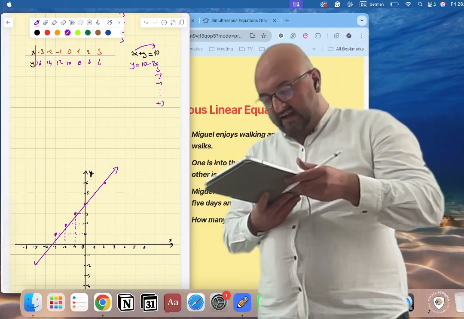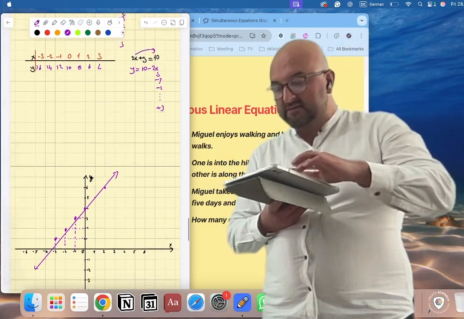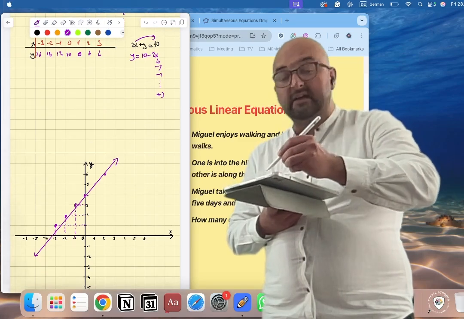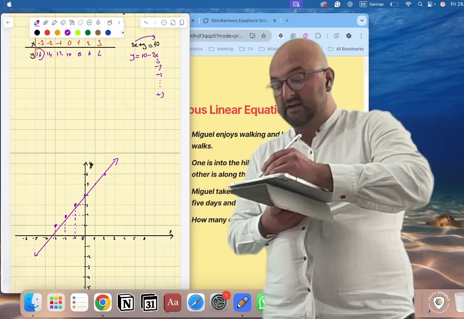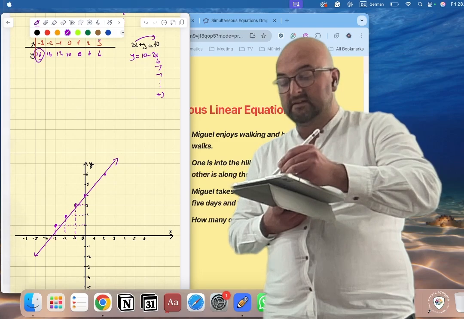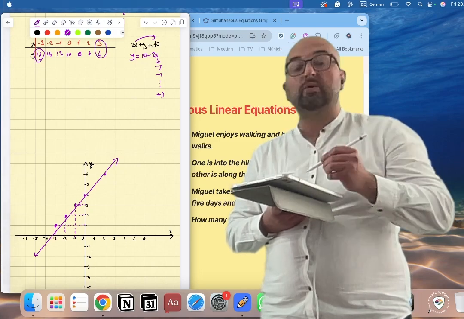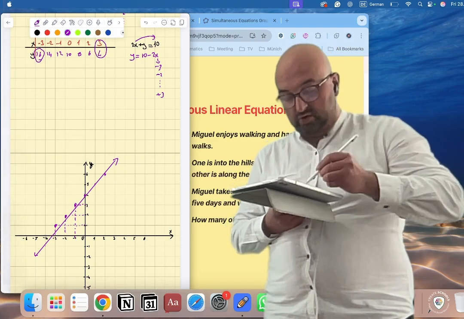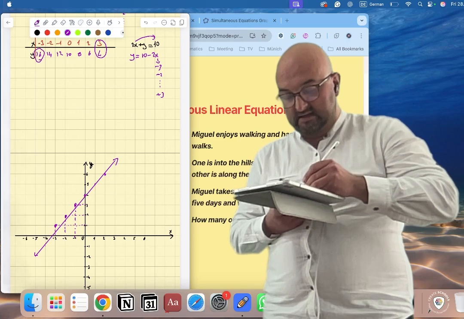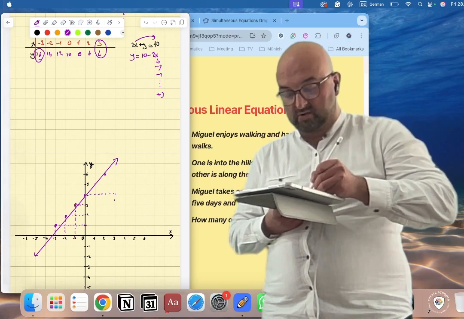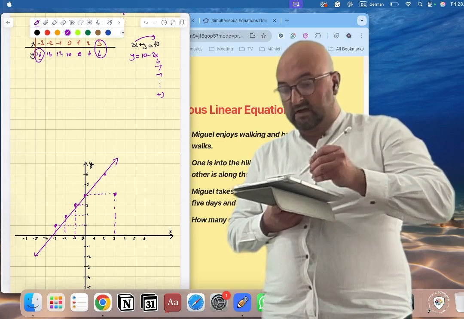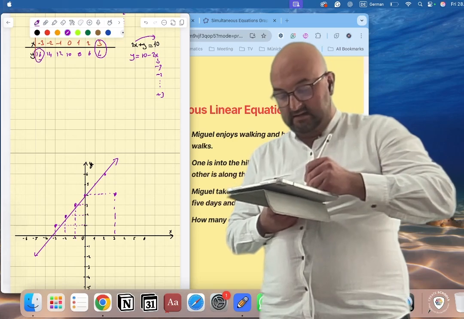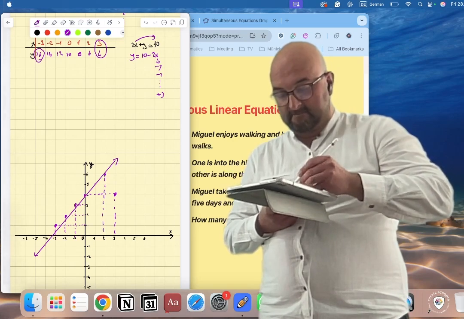Okay, another one is -3 and 16. The number is very large, so I would like to start from this point, 3 and 4. So 3 and 4 is here, 2 and 6 is here.